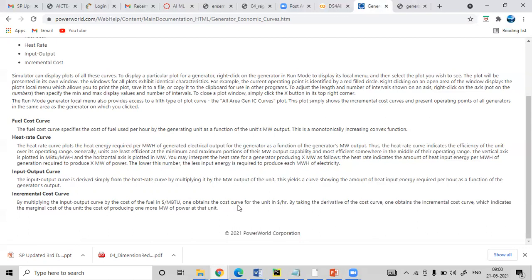One obtains the cost curve for the unit in dollars per hour, right? This means the incremental cost is again derived from the input output curve when we multiply by the cost of the fuel, right?